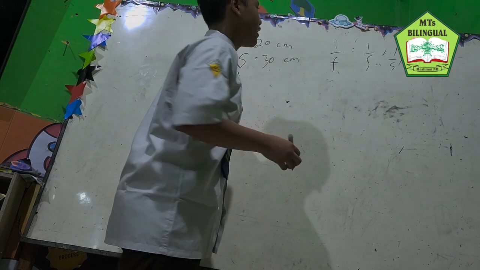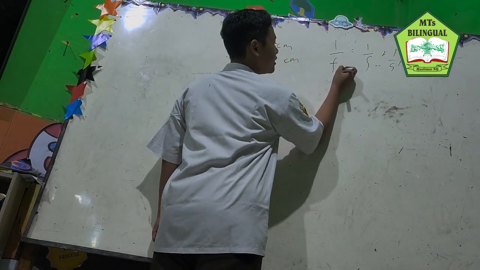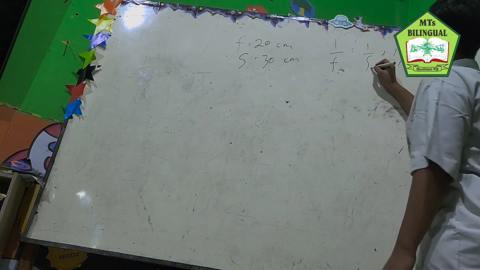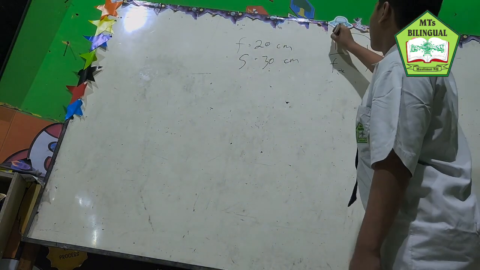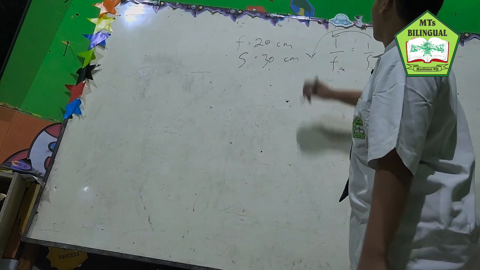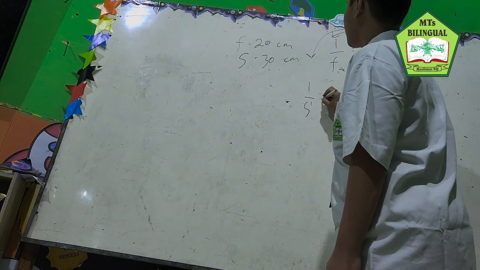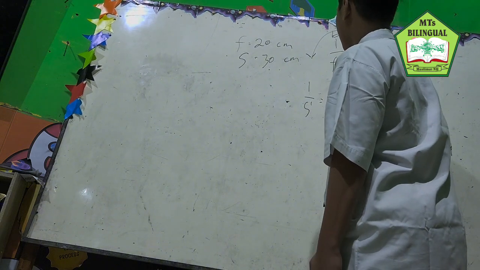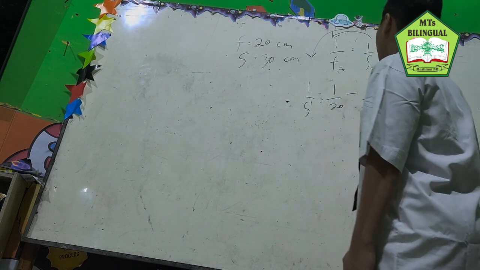The values are 20 and 30. To determine it, we must move the terms, so 1 over s prime equals 1 over 20 minus 1 over 30.